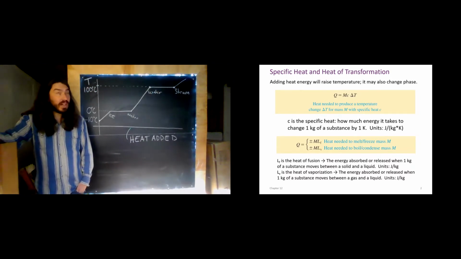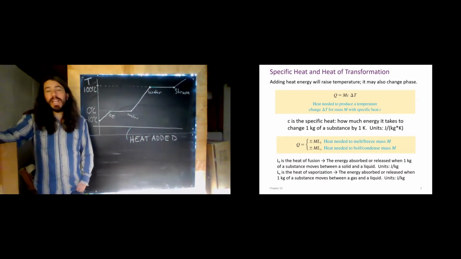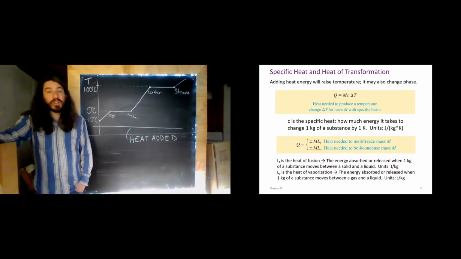In fact, for a substance like water, it takes a lot of energy to change the temperature of water by 1 degree, and it takes not very much to change the temperature of, say, aluminum. For example, if you had 1 kilogram of water, then you would need 4,190 joules in order to increase the temperature of that water by 1 degree Celsius.